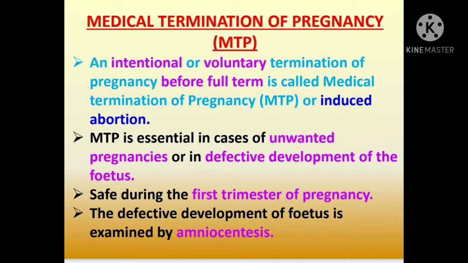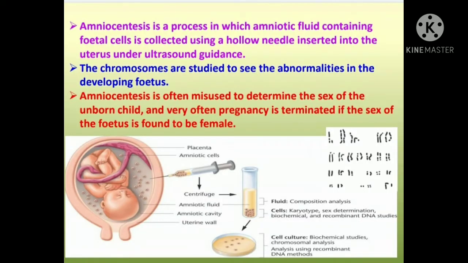Just now I told you that if any defect is seen in the fetus, then it is confirmed by one of the tests, and that test is called what? Amniocentesis. Now we will see what is done in amniocentesis. Amniocentesis is a process in which amniotic fluid containing the fetal cells is collected.